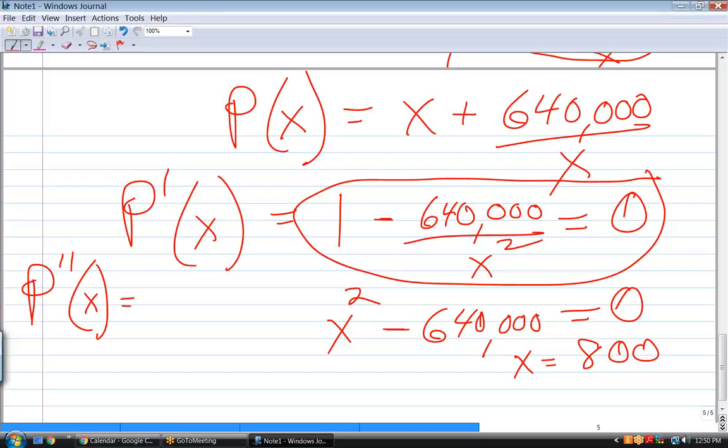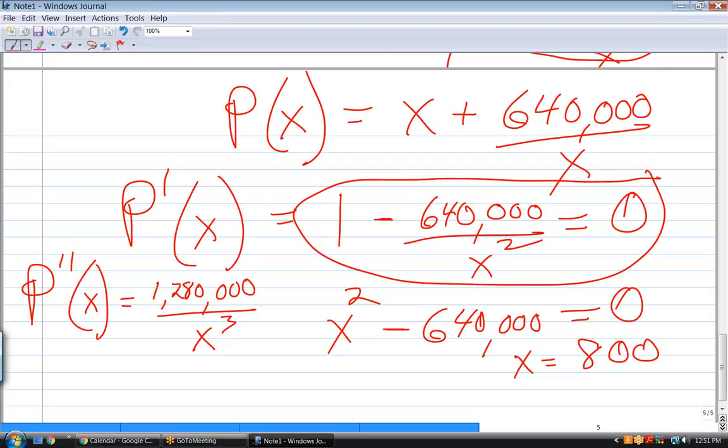Well, what is the second derivative? 640,000 just multiplied by 2, yeah, it's twice that. So it's 1 million, that's it, right there.